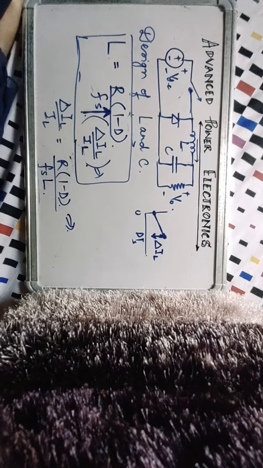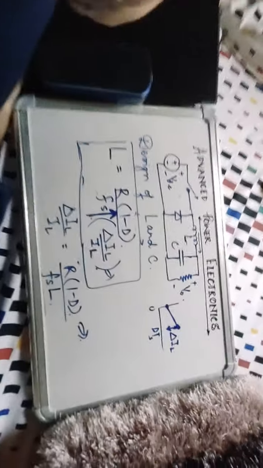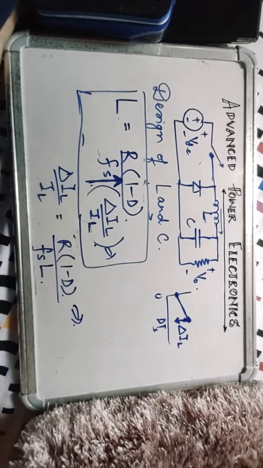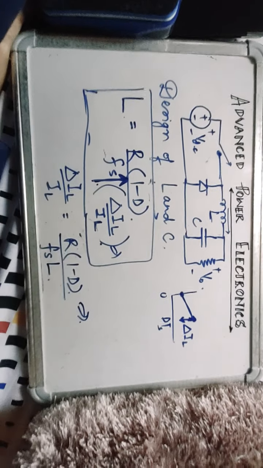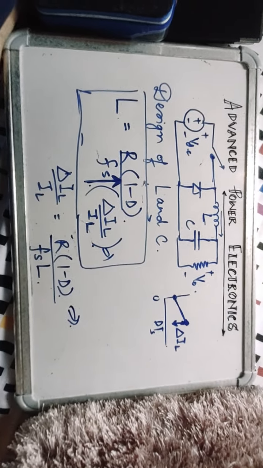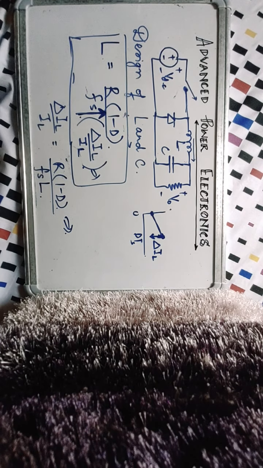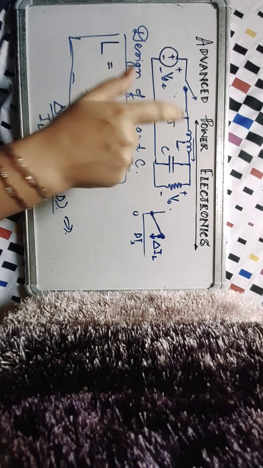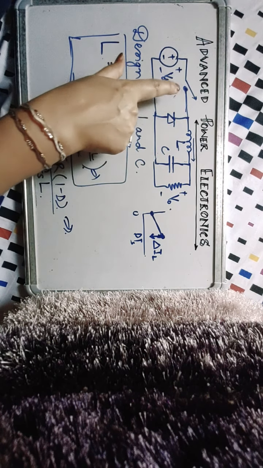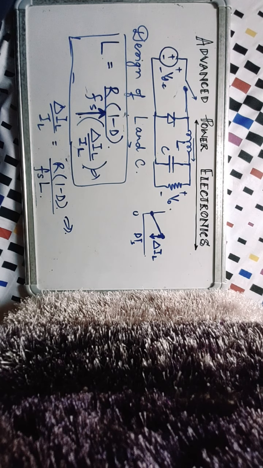compact. Why are your laptop chargers and all those chargers so small? It is because of the ability of power electronic devices to be switched at very, very high switching frequencies, which indirectly reduce the size of your L and C. Your diodes and MOSFETs are already very small.